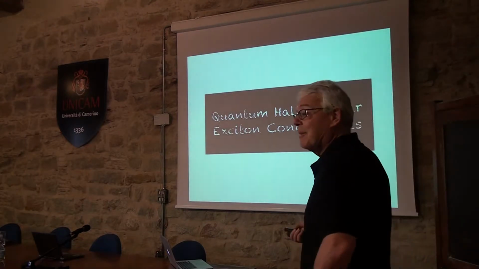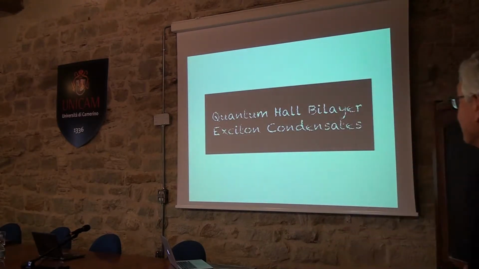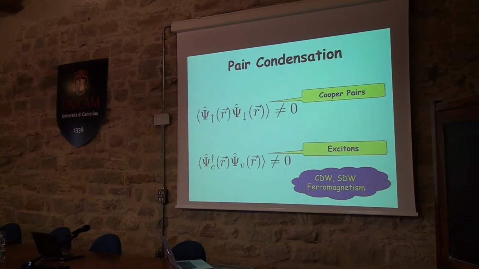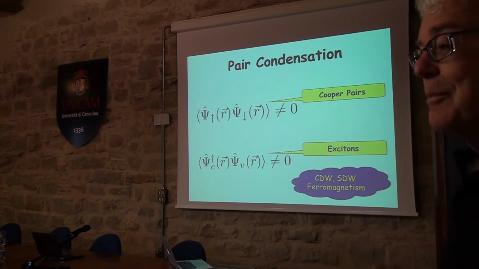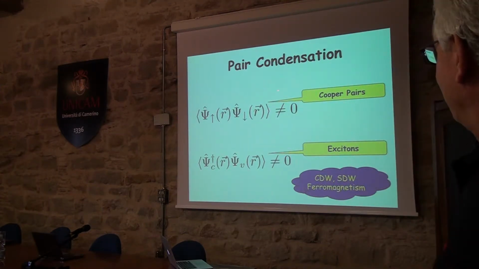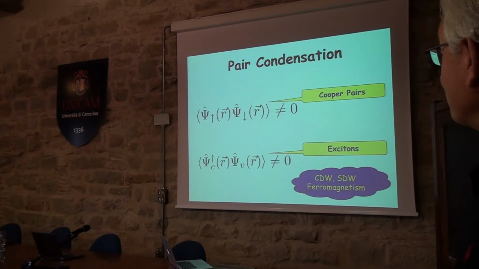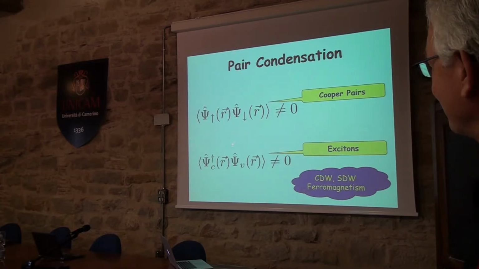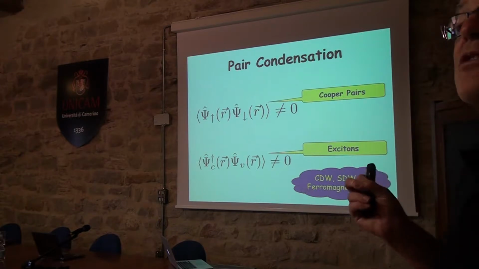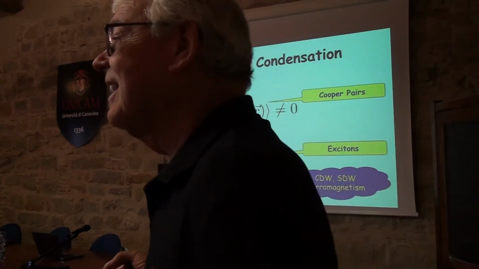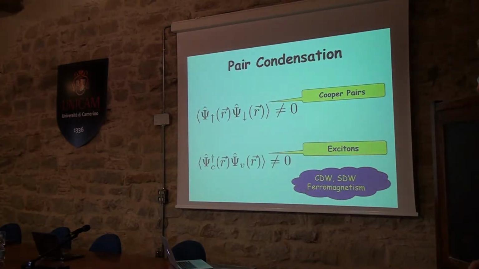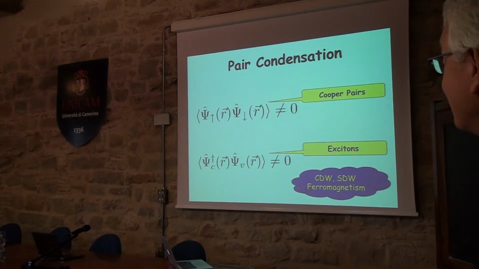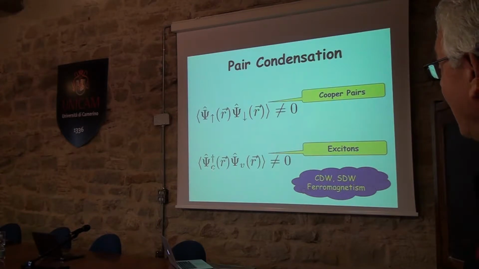Okay, so now let me step back and I'll start talking about excitons. As I said, this is going to just turn into magnets at the end. So the notion of exciton condensates: excitons are an electron-hole pair condensate, and there are some qualitative differences between electron-hole pair condensates and electron-electron pair condensates.